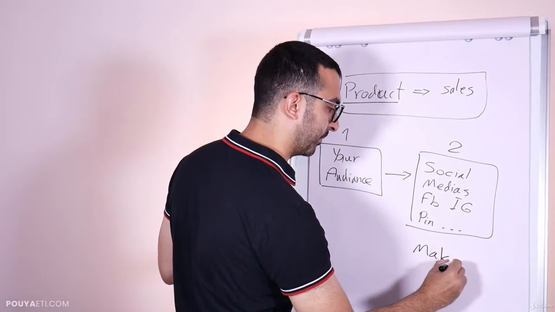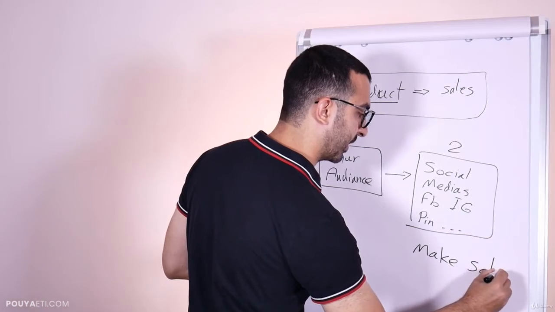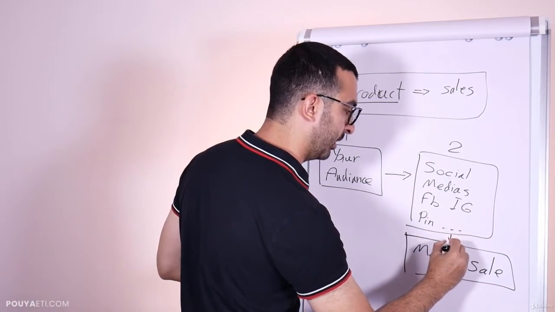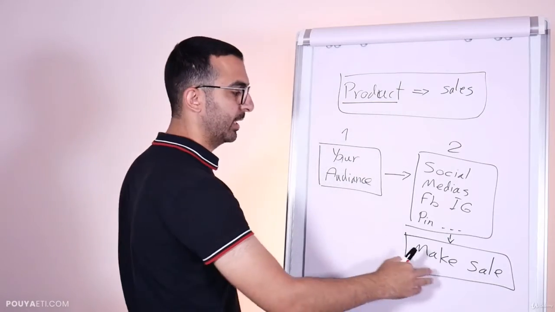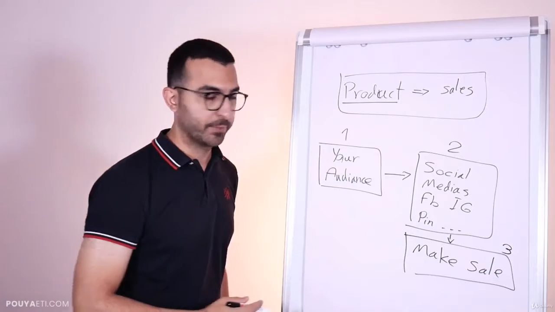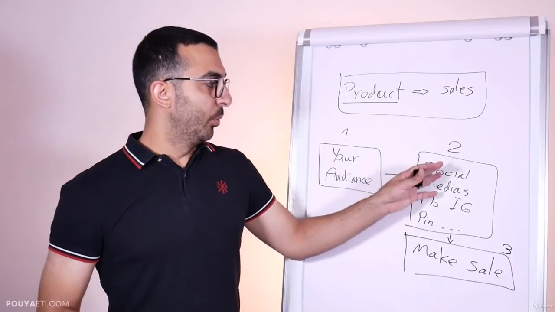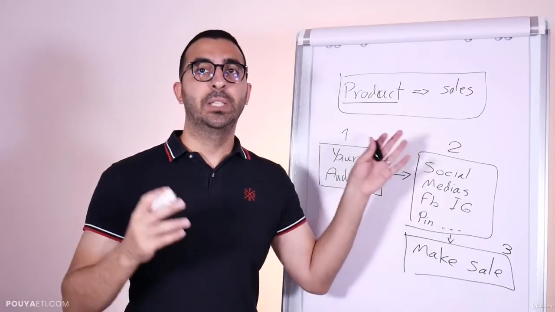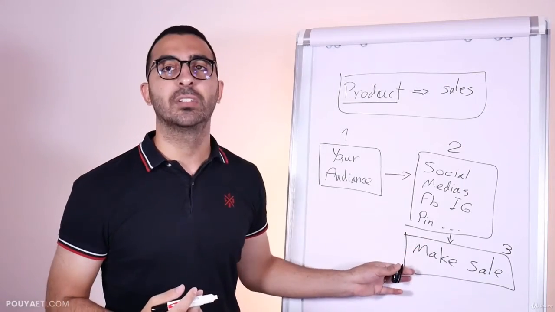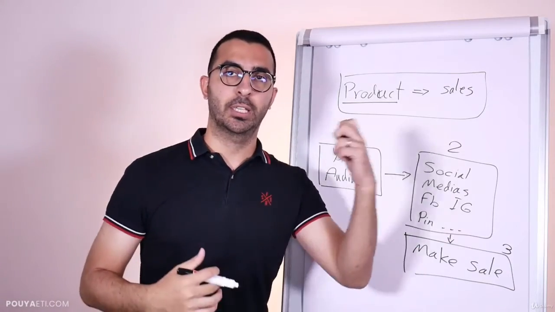And the next step after this is to make a sale, okay? Sell your product. The third step is to sell your product, okay? When people come to these places, when they see your product there, now your job is to convince them, right? This is a good product.